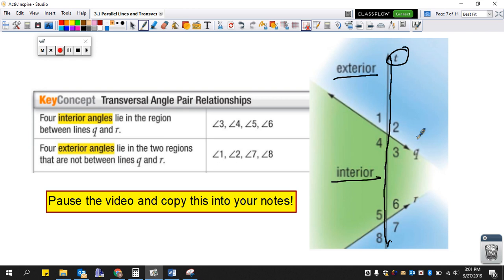So this is the same type of concept. So exterior is 1, 2, 7, and 8. Interior is 3, 4, 5, and 6. So that's what this key concept here is talking about. So pause the video and copy these notes into your notebook.